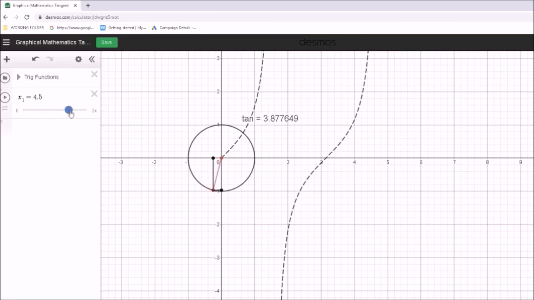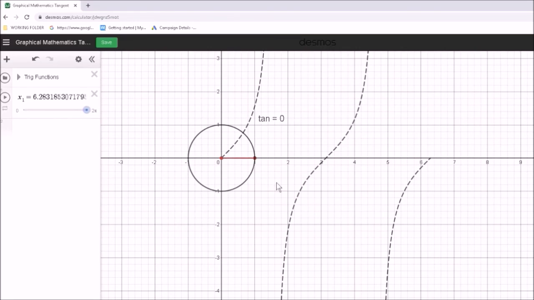And again, at this value here, which is round 270 degrees, the tangent of the function tends off towards infinity again, and again it heads back up again from minus infinity back up towards the value of 0.